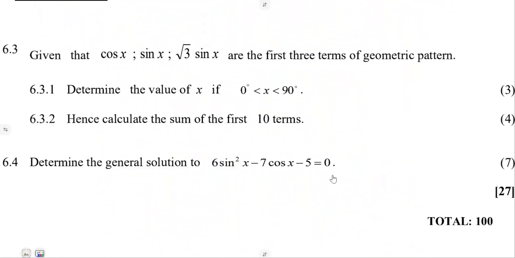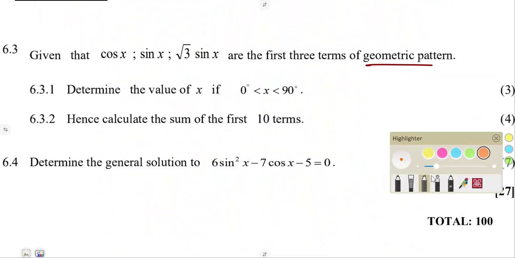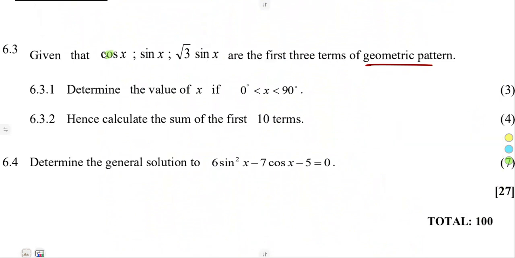All right, 6.3. Given that cos x, sine x, the square root of 3 sine x are the first three terms of a geometric pattern. All right, so these are the three terms given. Cos of x, there is a sine of x, and there is the square root of 3 sine x.